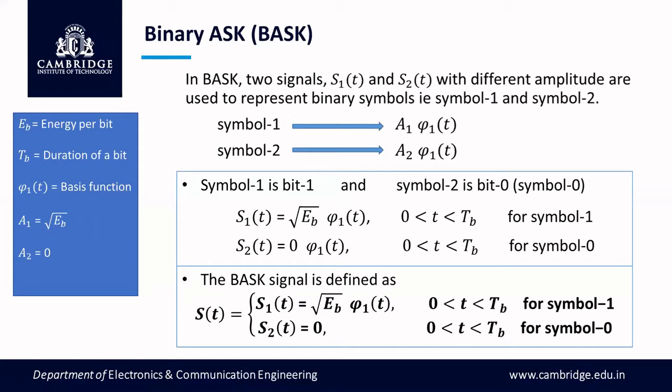S1 of t represents symbol 1, S2 of t represents symbol 0. Symbol 1 has an amplitude of root Eb and symbol 2 has an amplitude of 0 for 1 bit duration. This makes binary ASK.